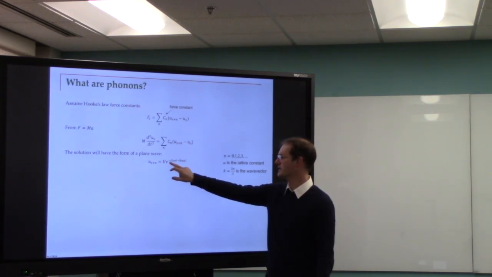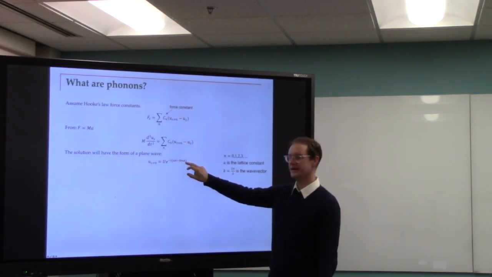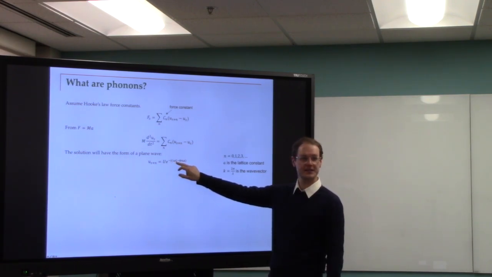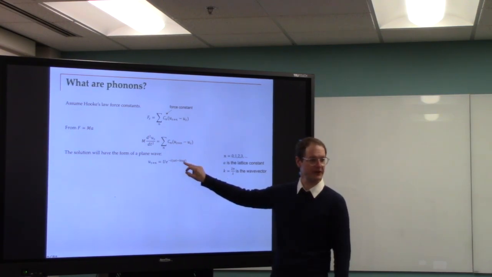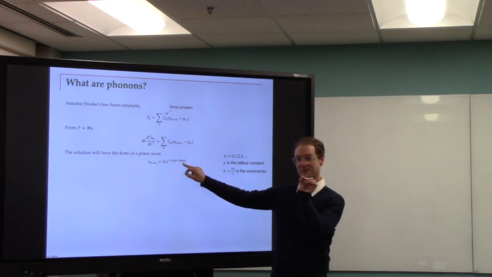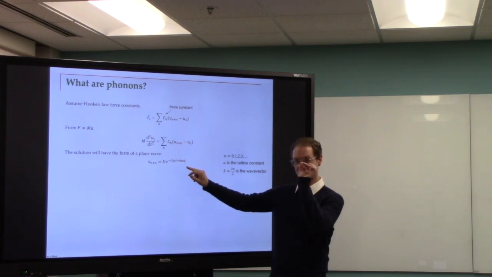Right, so it's e to the minus i (omega t plus k n a). For a light wave, you would have i omega t plus or minus k x, where x is a continuous variable. But here, the x variable is not continuous, because these displacement quantities are only defined at particular points on the lattice.